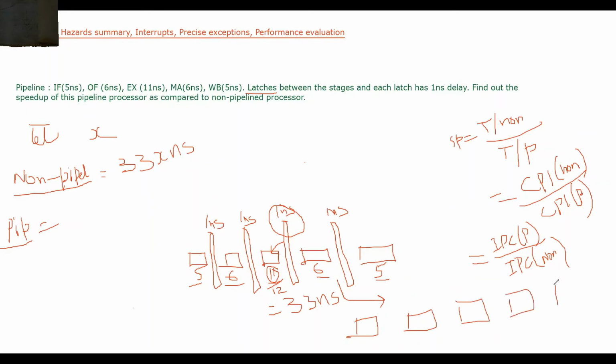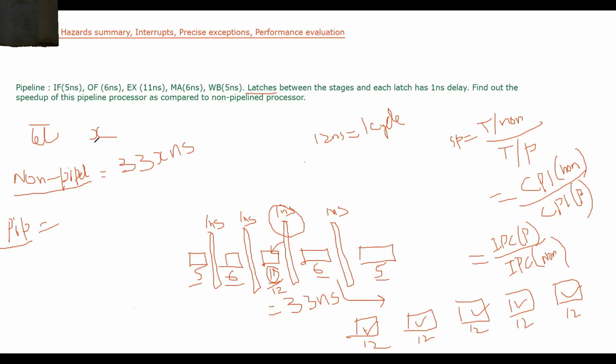So all the 5 are taking 12 nanoseconds. Let's say 12 nanoseconds is equal to 1 cycle. So every stage is here taking 1 cycle.